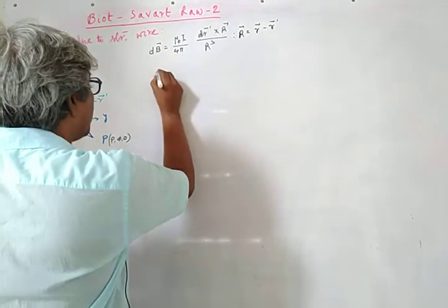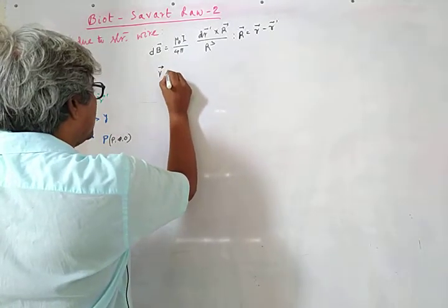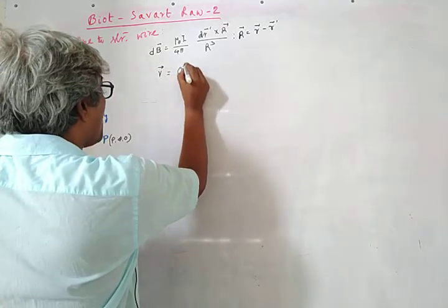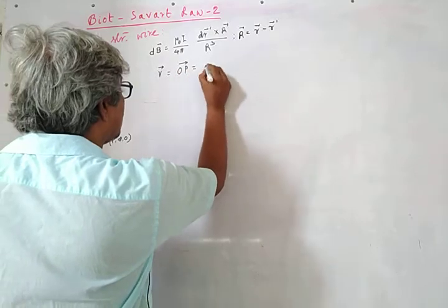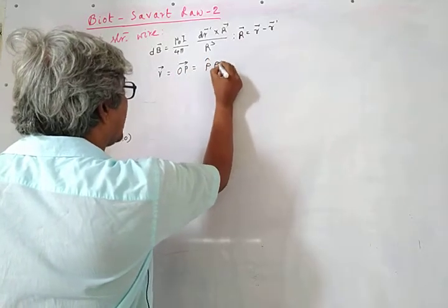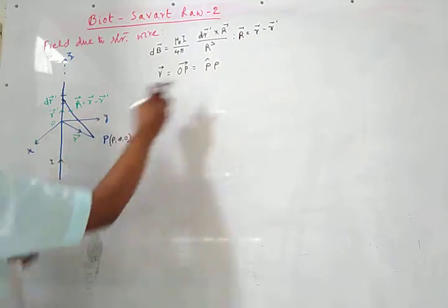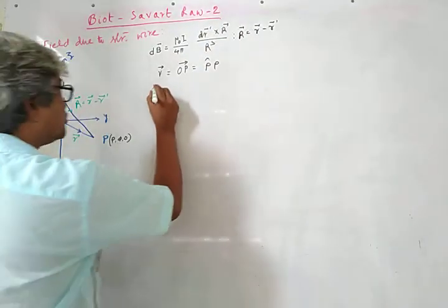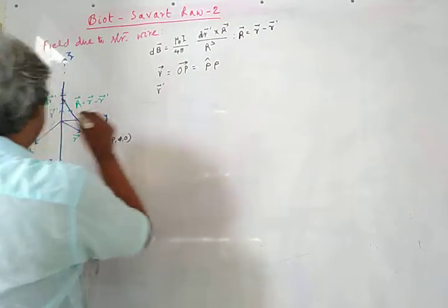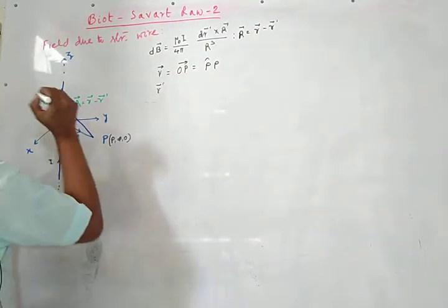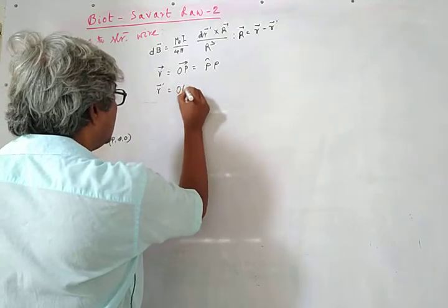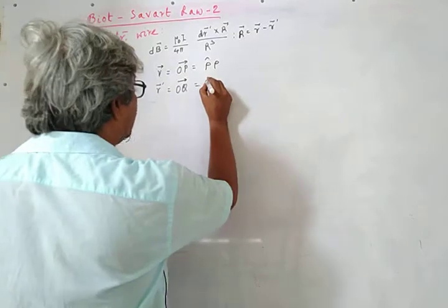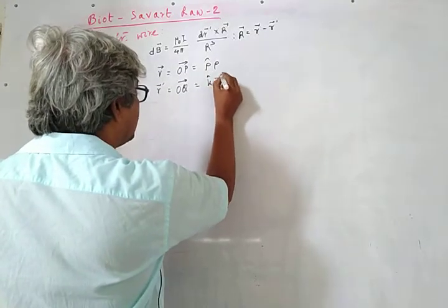So the field coordinate R is simply OP, and in the cylindrical coordinate system it is given by rho cap times rho, where rho is this distance and rho cap is the unit vector. The source coordinate R prime is OQ, and since it is along the Z direction, it is k cap z prime.